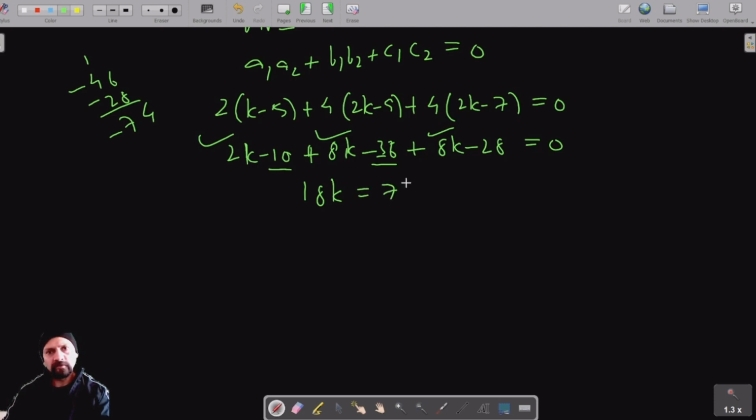So this is equal to 74, which gives us k is equal to 74 by 18, and this is 37 by 9. So k is 37 by 9.